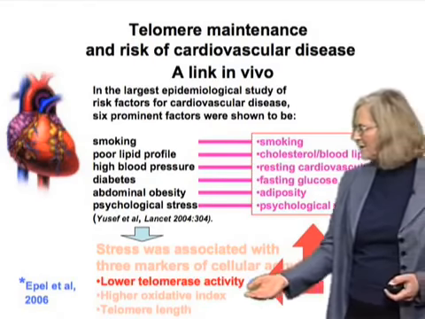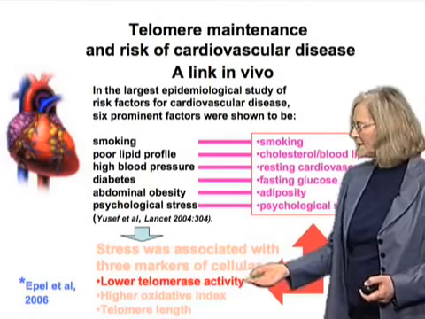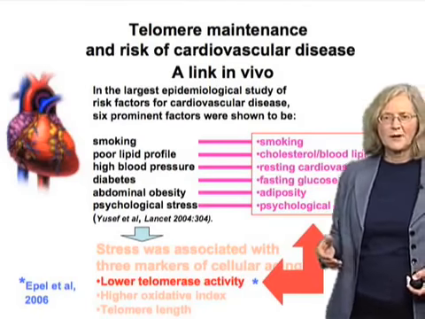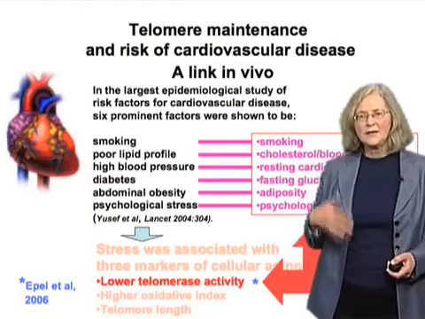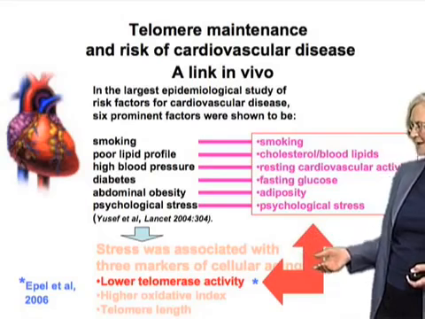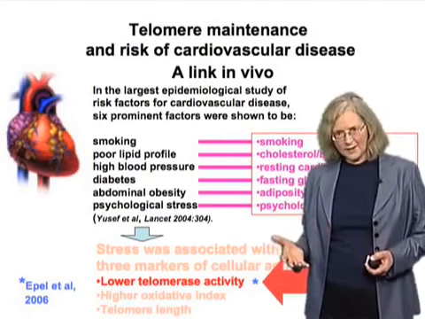So the one parameter that emerged in this particular study was lower telomerase activity. Now, which, as we have talked about, is predicted to lead to lower telomere length, but that didn't emerge in this particular study, perhaps because the individuals were relatively young.